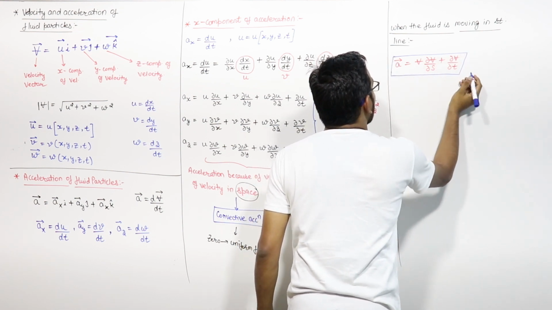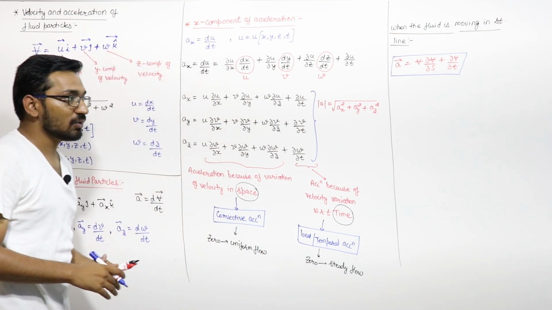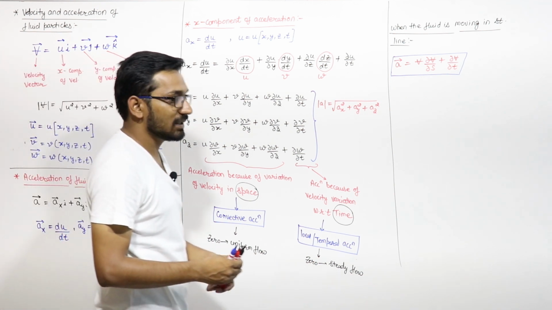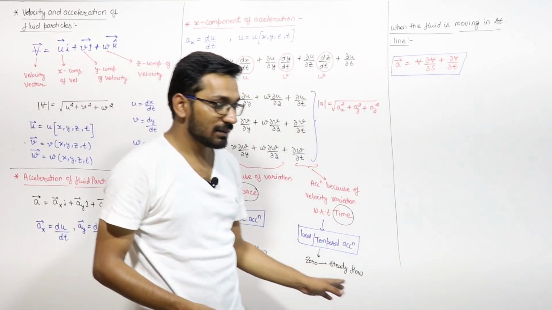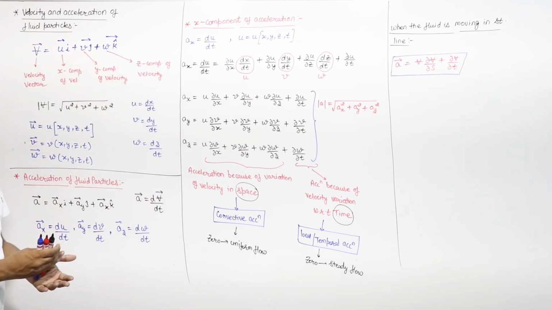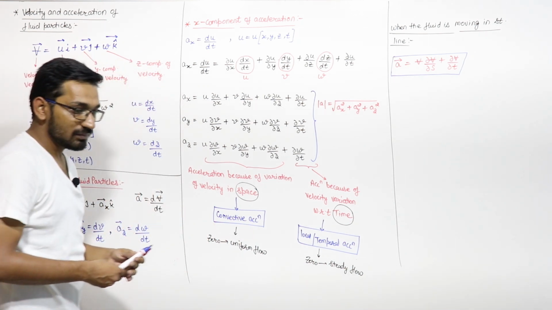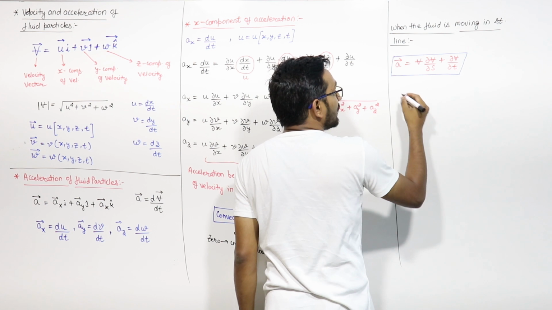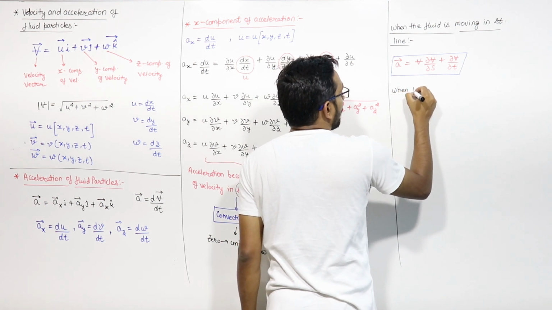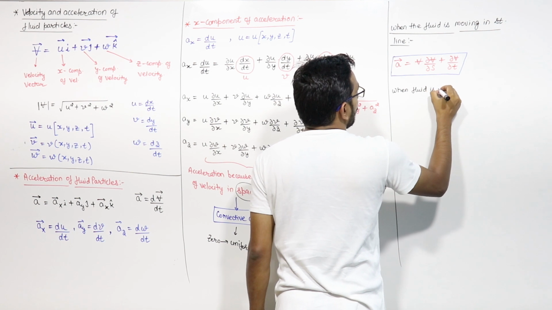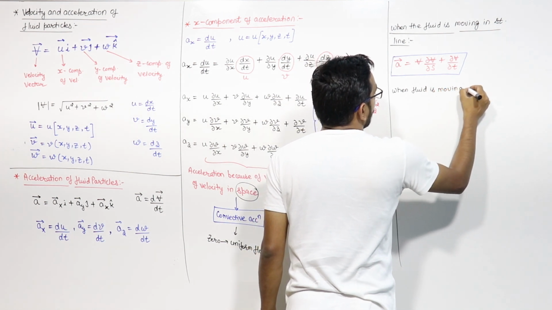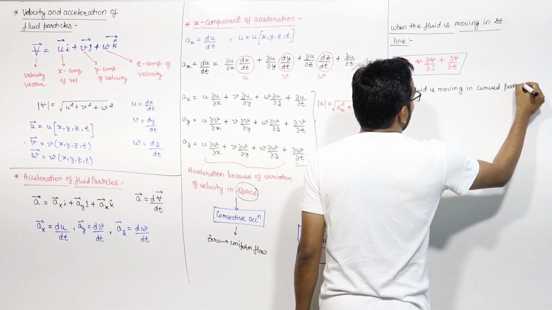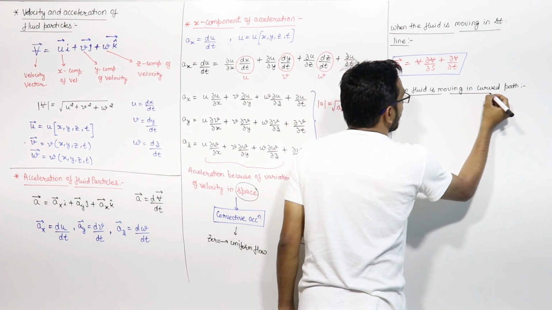When the fluid is moving in a curved line, then some centrifugal acceleration, or some other acceleration, will also come into the picture. We will discuss it later with the help of an example. But when a fluid is moving in a straight line, this is the case. Now, what is the difference between straight line flow and curved path flow?